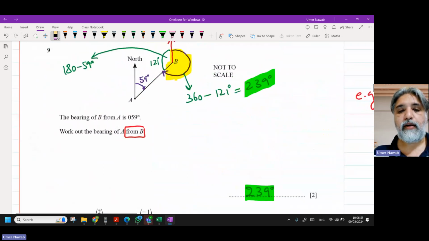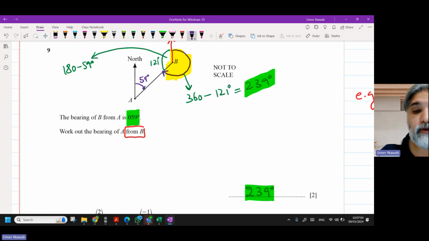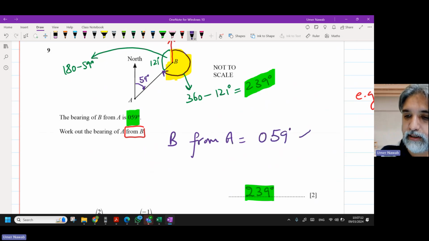Now here, the question which we did, why can't we apply the technique which you have just learned from Mr. Omar? So 059. The B from A is 059. Now this angle is less than 180.